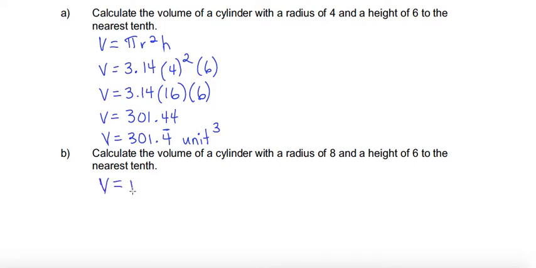So we're going to start by writing in our formula that's given to us. So this is our volume of a cylinder. And then we're going to substitute in the numbers or the values for our letters or our variables. So I have 3.14. My radius in this question is 8, so 8 squared, and my height is 6.